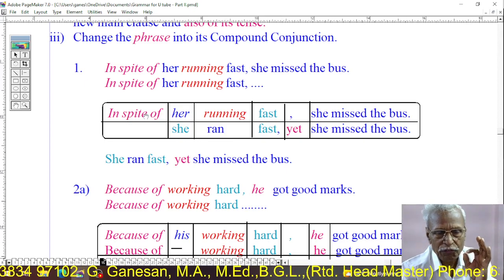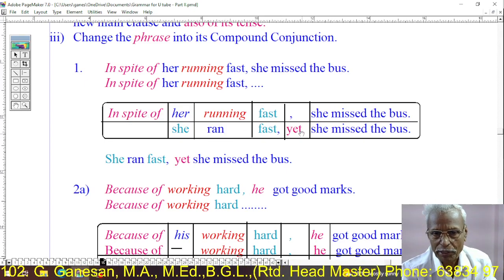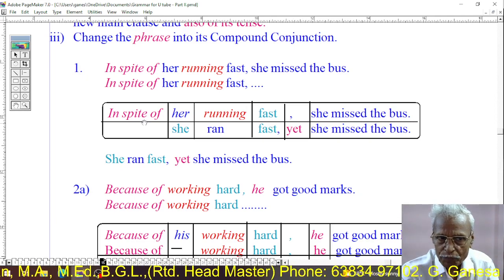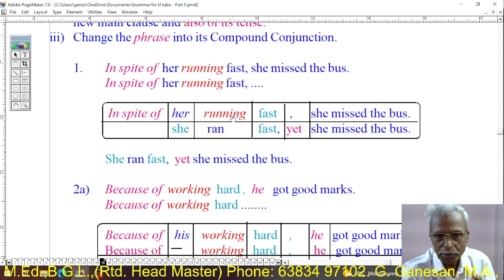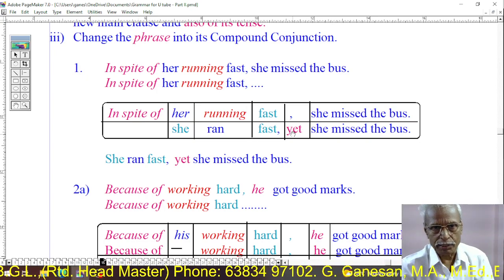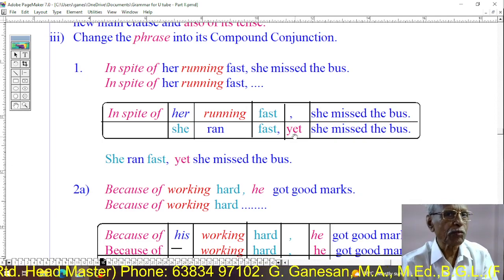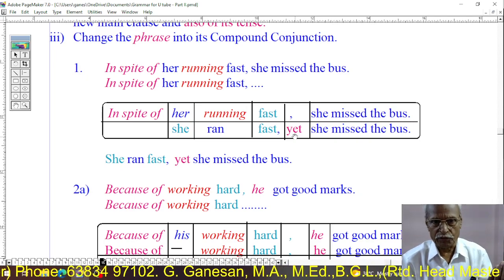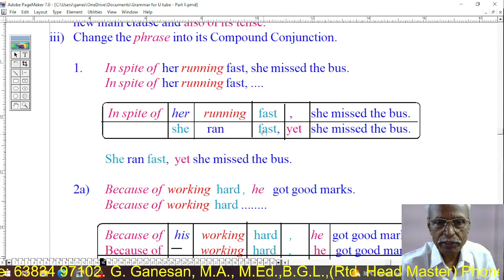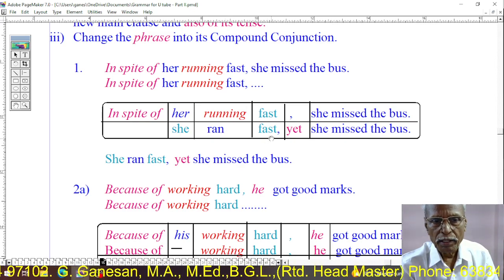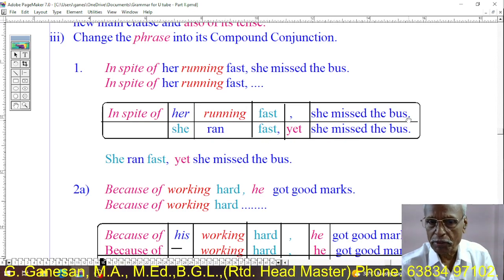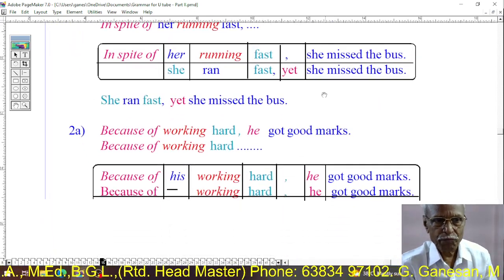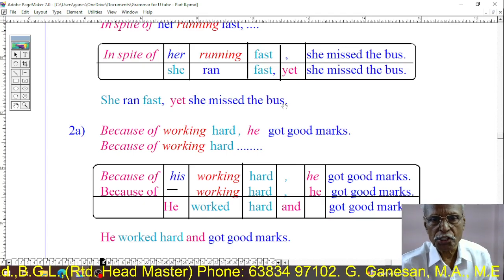And the phrase "in spite of" is replaced by "yet," its compound conjunction. But, yet, still: you can use any one of the three. So in spite of her running fast, she missed the bus becomes: she ran fast, yet she missed the bus. It is compound.